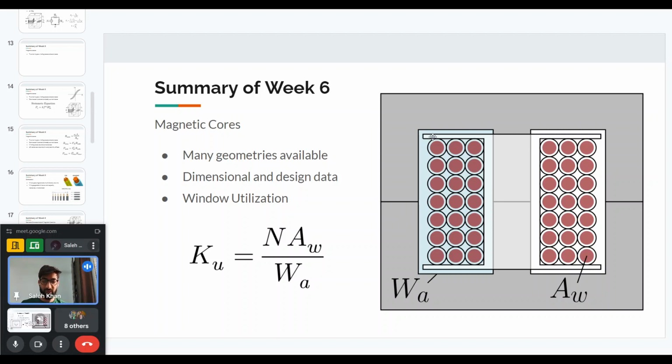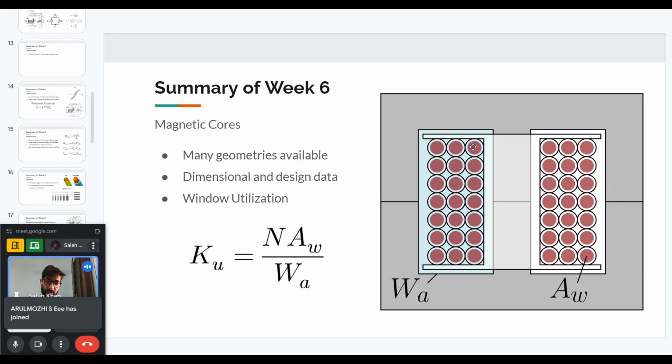And as you can see, this bobbin will take up some space inside the winding area or the window area. So this WA is the window area, shown in this light blue. The bobbin will take some area. Then we have the wires, and the individual wires will have insulation around them.